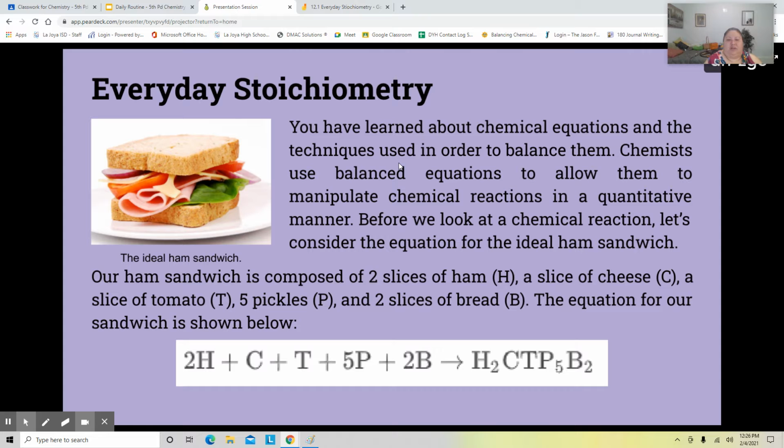So everyday stoichiometry. You have learned about chemical equations and the techniques used in order to balance them. Chemists use balanced equations to allow them to manipulate chemical reactions in a quantitative manner. So, okay, if I have 100 grams of hydrogen, how many grams of water will I make?